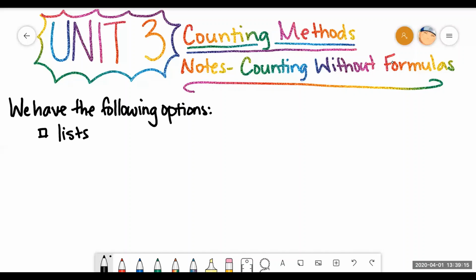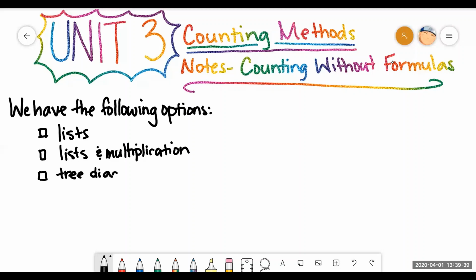A lot of people used some sort of combination of lists and multiplication, just to save themselves a little bit of time and energy and space. And then the last one, which I didn't see anybody use, but it's possible that you might have done something similar, is called a tree diagram. We'll be looking at those. And just to be aware, a tree diagram is something you will have to produce in your next unit quiz.